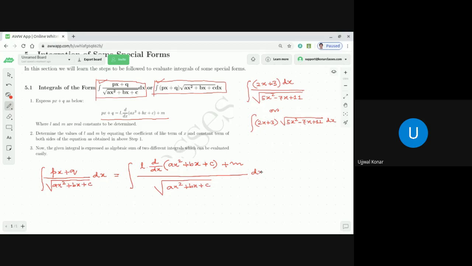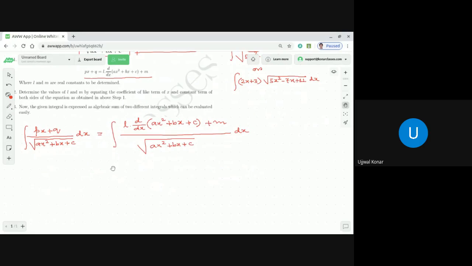dx. After that, what will you do? I'll come to how to find the values of L and M after some time. It is very easy, we can use the same concept of partial fractions.